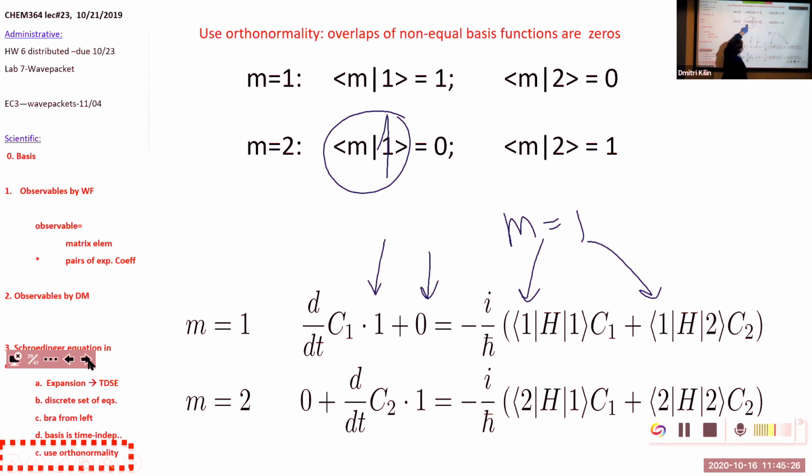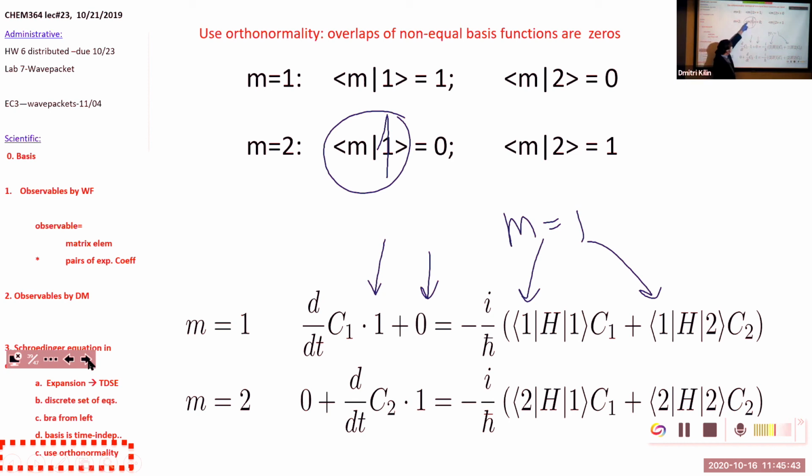If m equals 2, the convolution of 2 and 1 will be 0, the convolution of 2 and 2 will be 1. Then I'm plugging it into our equation. So I will write two lines. First, what would come out if m equals 1? Second, what will come out if m equals 2?